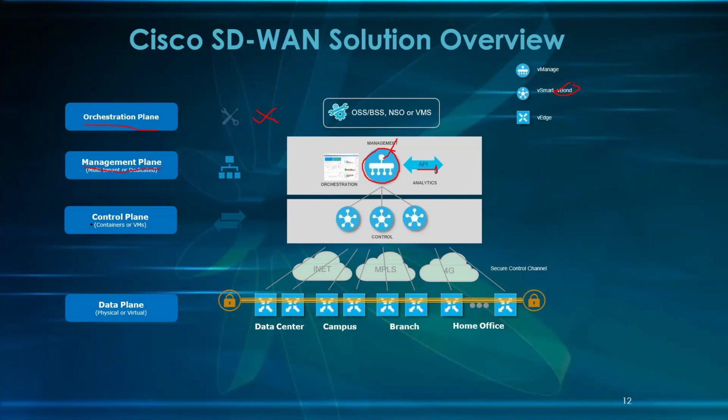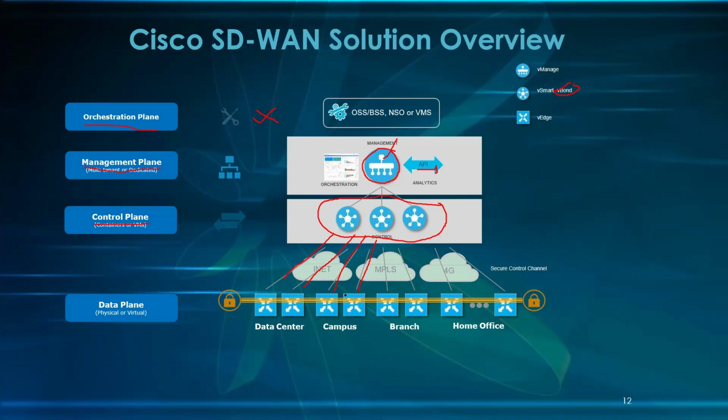Next, we have the control plane. The control plane is the brain of the solution, because it takes care of telling the downstream devices, the data plane, how you should be forwarding traffic. It's the same as Google Maps or any other information.